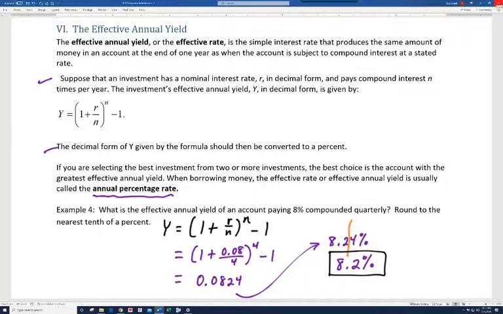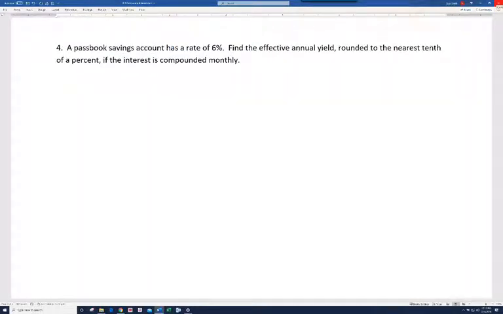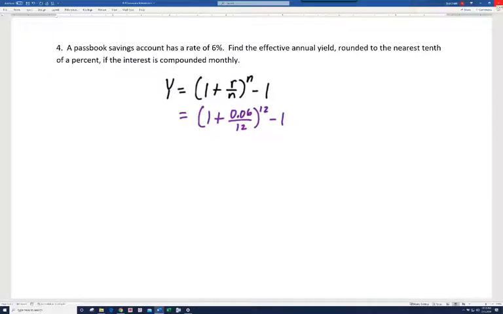All right, so we have one last problem here. And I would encourage you to do it and then check your work. So in this problem, we'll use the same formula. We're going to plug in R, which will be 0.06. Our N, since it's compounded monthly, N will be 12, to the 12th power minus 1.